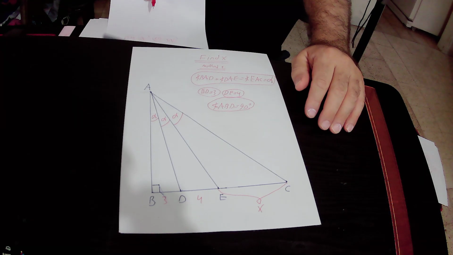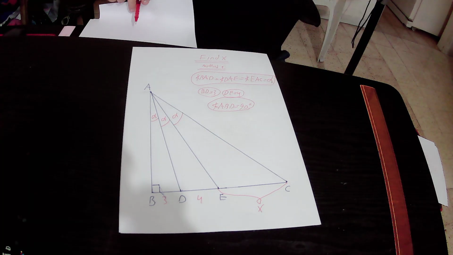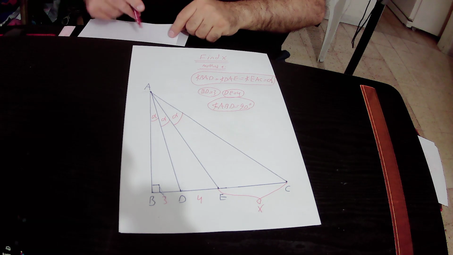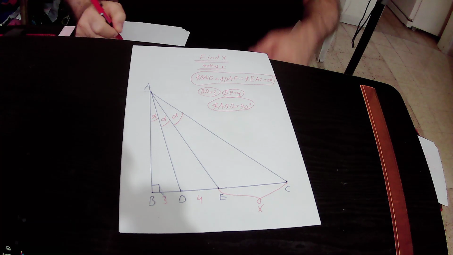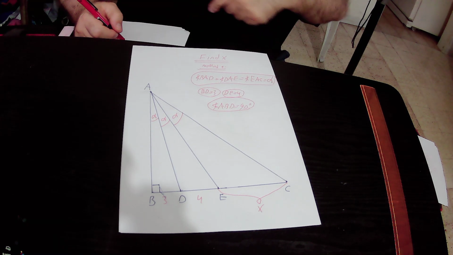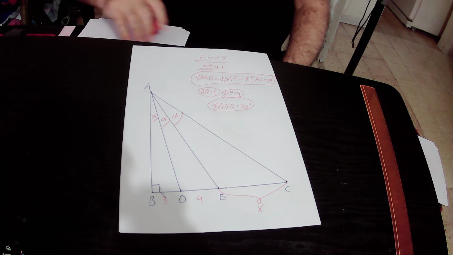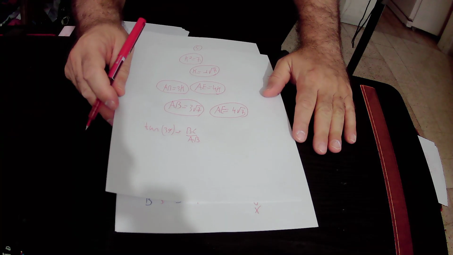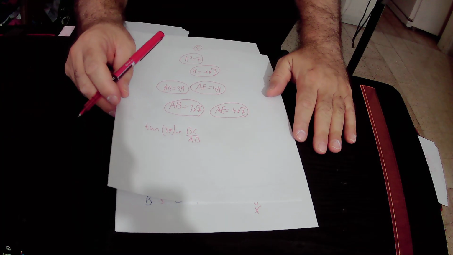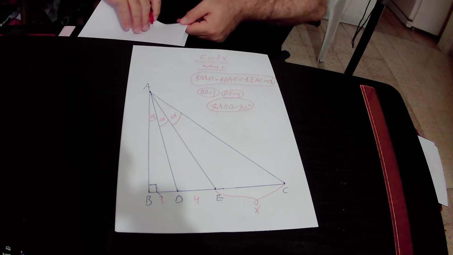Okay, so we know that this angle is 90 degrees, so triangle ABC is a right triangle. Therefore, tangent 3 alpha will be equal to BC over AB. What is the value of BC?